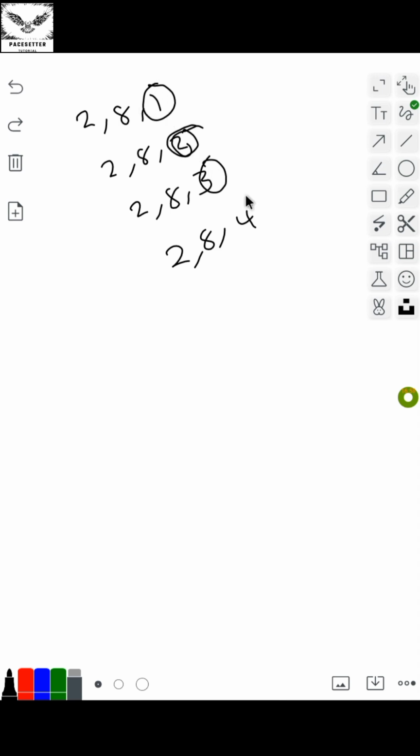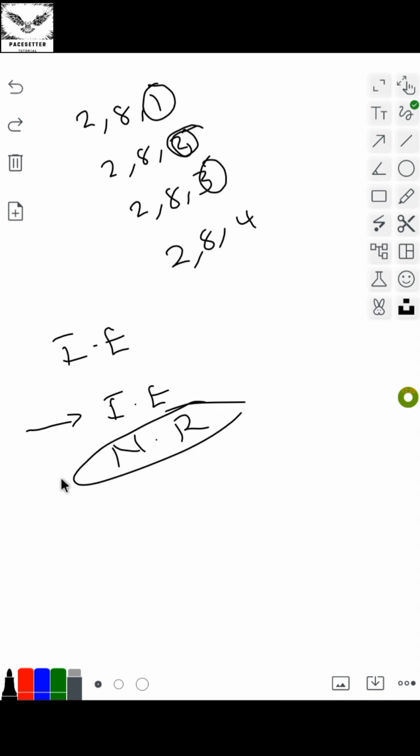The more the number of protons is increasing, the more difficult it is to remove the electron from the outermost shell. So in the periodic table, as you move from left to right, the ionization energy increases because of the increase in nuclear charge.